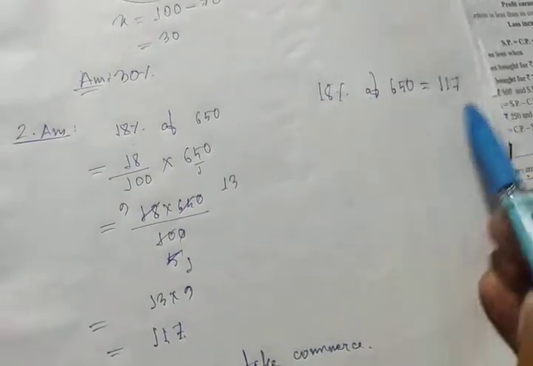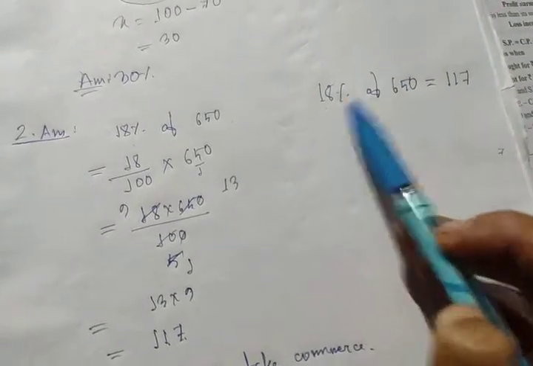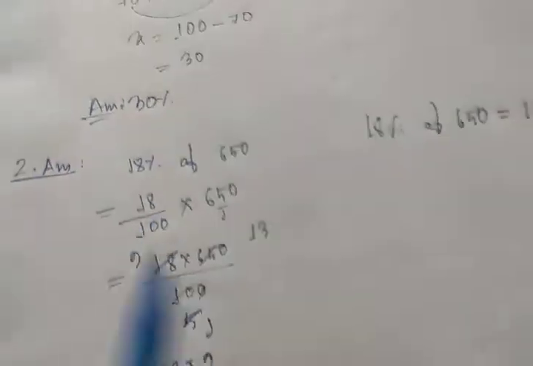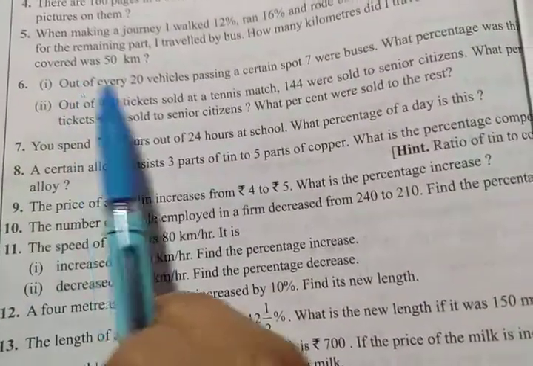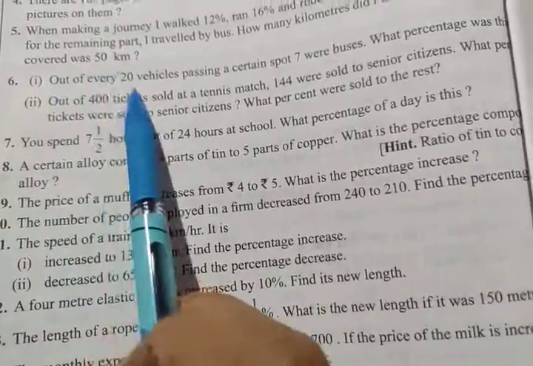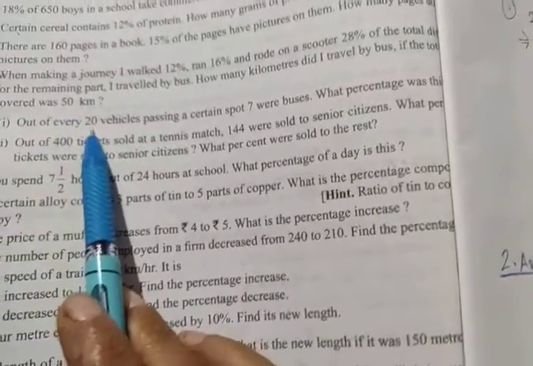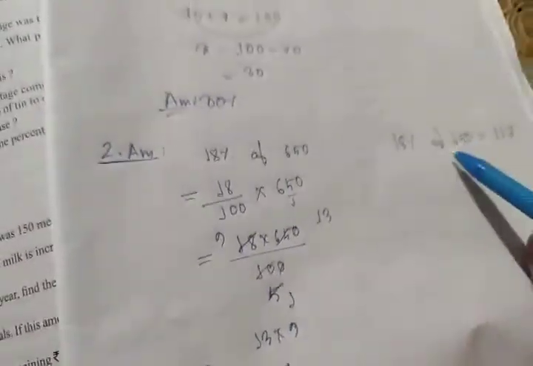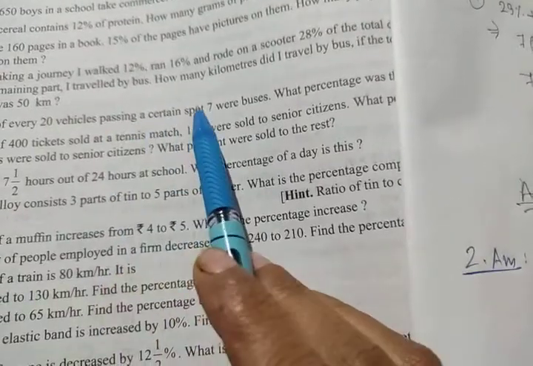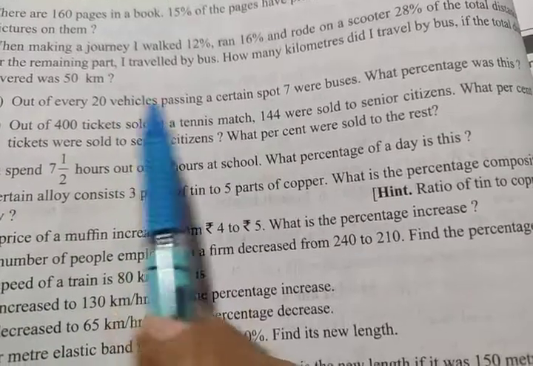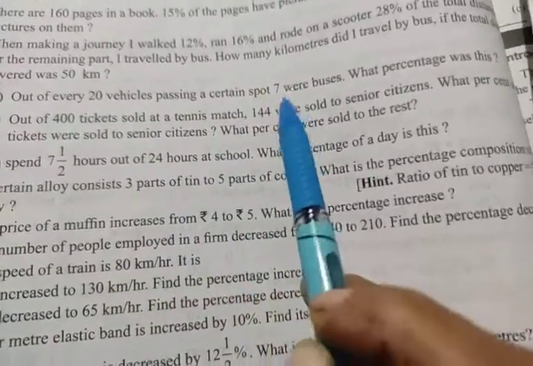So in question number 6, out of every 20 vehicles, that means out of 20, some percent of 20 were buses. That means some percent of 20 is equal to 7. Is it clear?